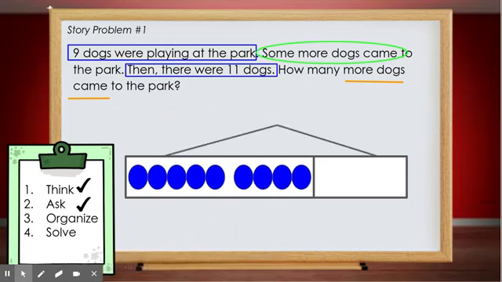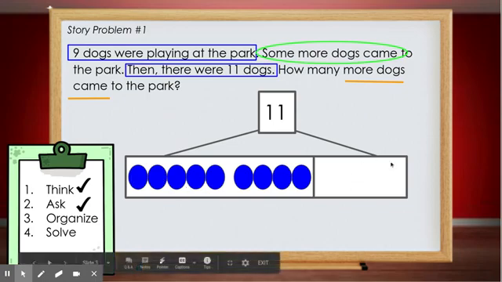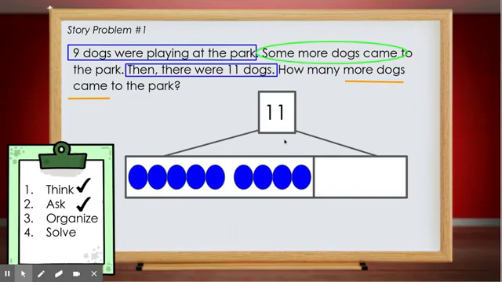And the last thing I'm going to do is connect those two boxes with the whole number, which is there were 11 dogs. So now I know how many we had first, how many came after, and the total or whole number. So now I'm ready to solve.